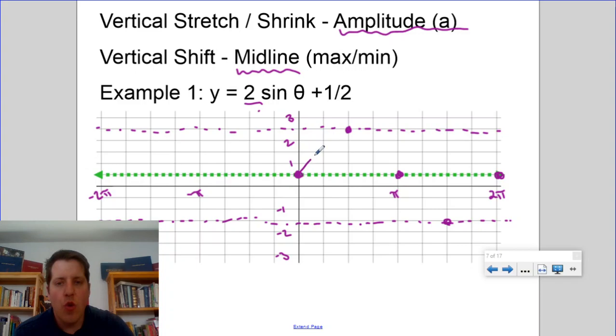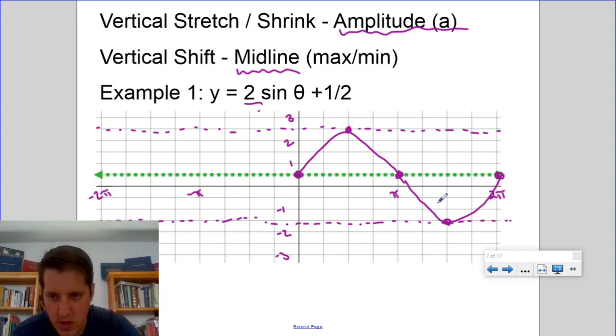So the normal sine parent function, except twice as tall and shifted up half a unit. And you might be able to draw it a little bit neater than I am. But I definitely forgot to pause the video and draw it while I was off screen, so I just had to go through it. Okay, so that's the idea.